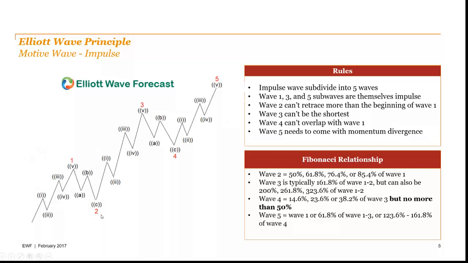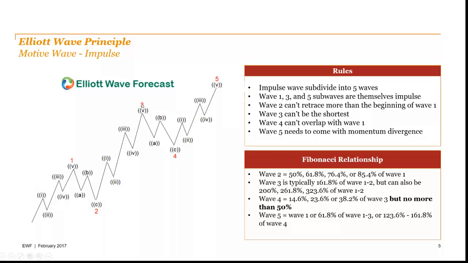That's what it means. Wave 3 cannot be the shortest wave. So you see this wave 3 here, the red degree, this wave cannot be the shortest wave. In fact, when you are talking about impulse, wave 3 usually is the longest and the strongest wave. In terms of the Fibonacci ratio, which, like I said, is important, usually wave 3 is at least 161.8% Fibonacci extension of wave 1.